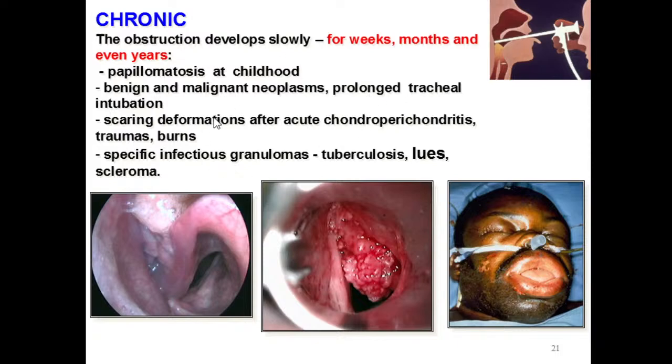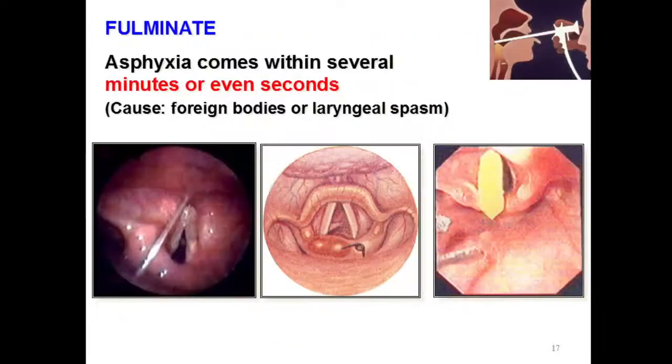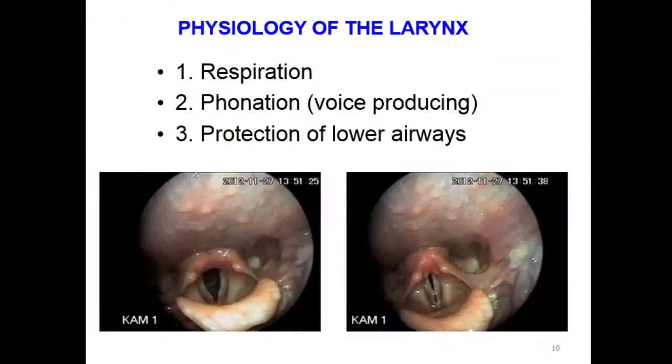Prolonged tracheal intubation is also an indication for tracheostomy, because you know that prolonged tracheal intubation means that the intubation tube is localized between the vocal cords, and the cuff of this tube, when it is filled with air, presses on the mucosa of the subvocal space.